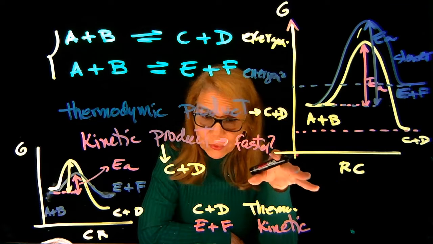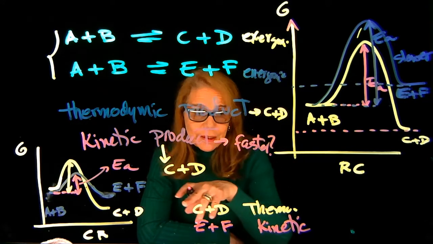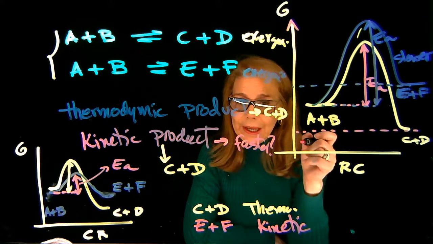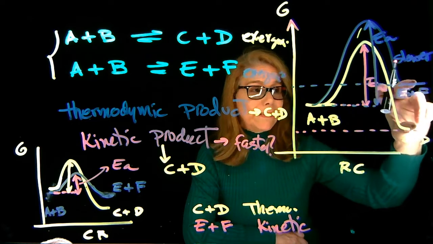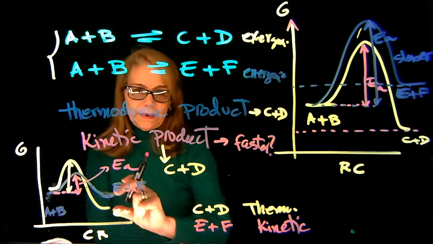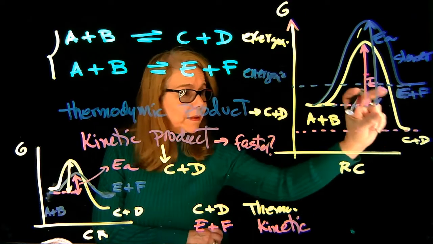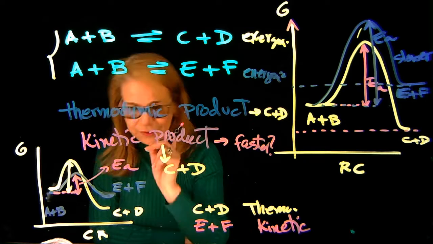What we need to do when we have a profile like that is analyze the difference in energy. Again, when you're looking at what product is favored thermodynamically, you want to look at the difference in energy in the products. And in the two scenarios here, the thermodynamic product is CD.